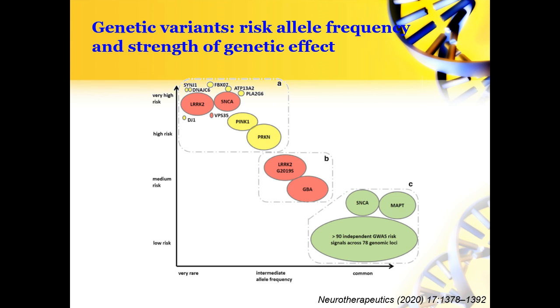The genetic risk for PD can be roughly divided into 3 groups. The group of high-risk genes contains monogenic PD genes. The group of common low-risk genes includes more than 90 putative independent genome-wide loci, from a meta-analysis based on more than 13,000 patients and 95,000 controls.